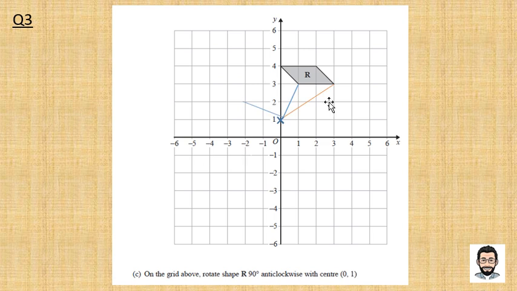Now we're going to draw another line from the center to the other vertex, the second vertex. And now we're going to put the set square again to fit the direction. Now we're going to draw a line, and this line has to be equal to this line exactly. Now we're gonna join the center to the third vertex.